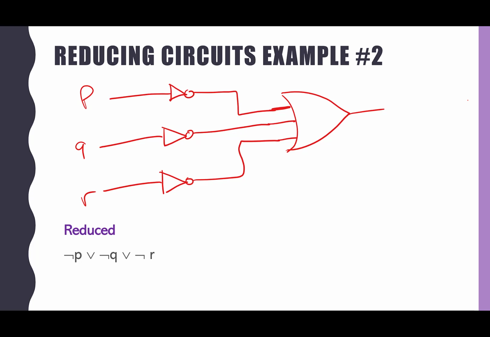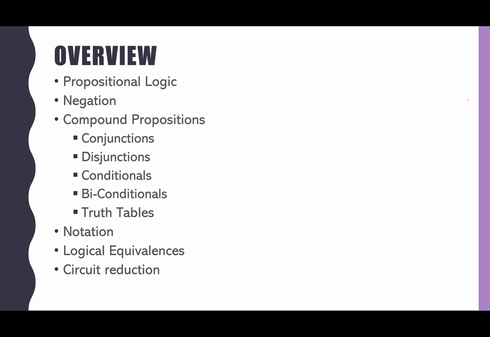Okay, so why does this stuff matter, folks? Propositional logic was our main focus for the past 2 days. We dealt with negation. We got compound propositions, dealing with conjunctions. That's this. Disjunctions. That's that. Conditionals, biconditionals, truth tables, and then we looked at all the notation, which I just basically did.